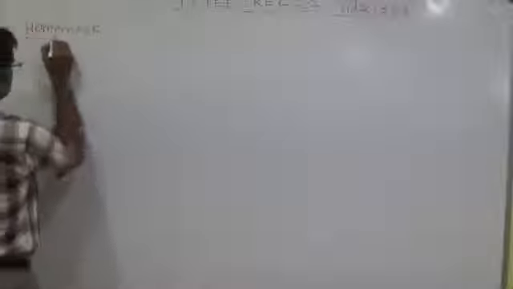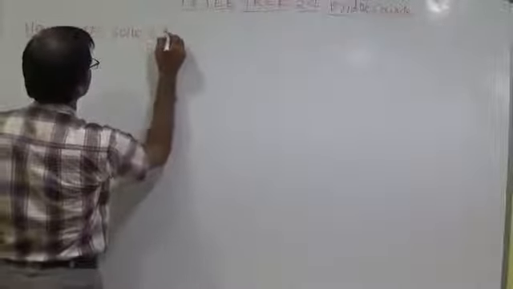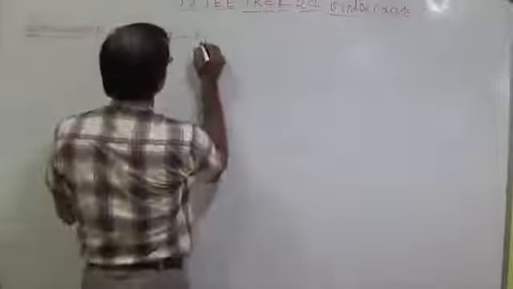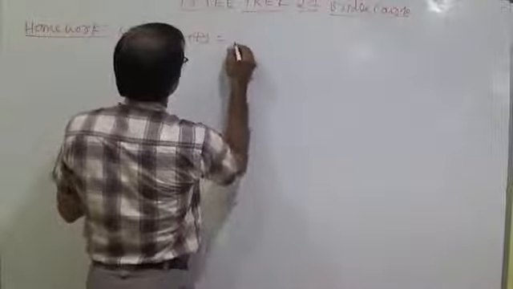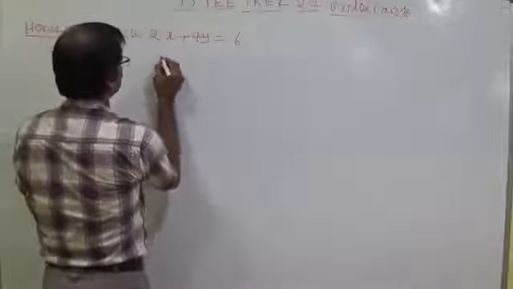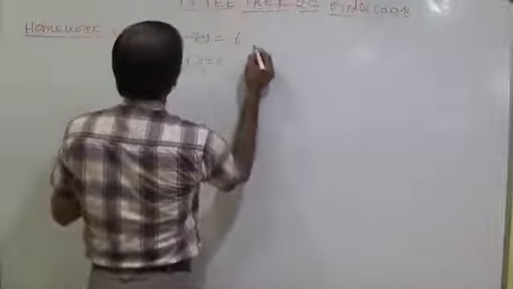Homework. Solve 2x plus 4y equal to 6 and 5x minus 3y equal to 2.